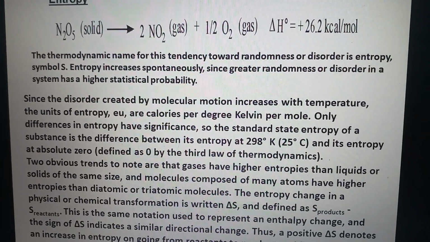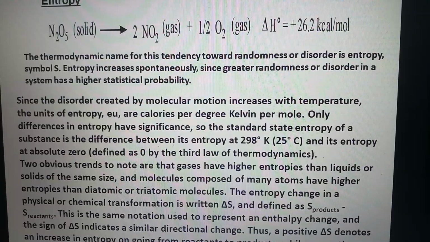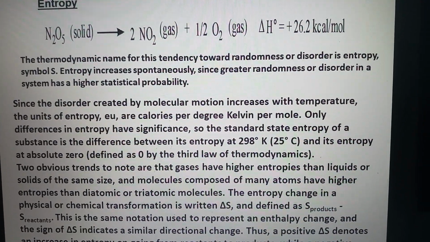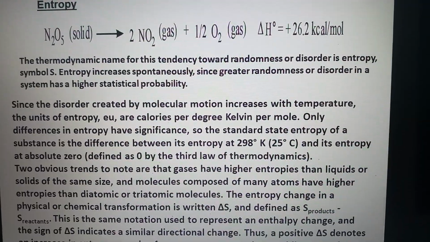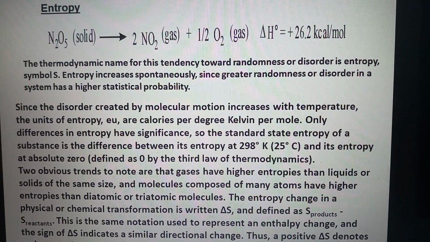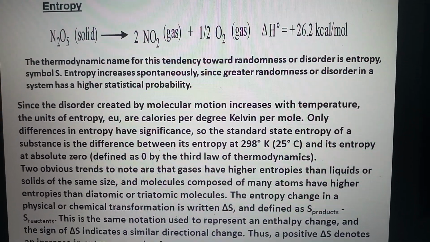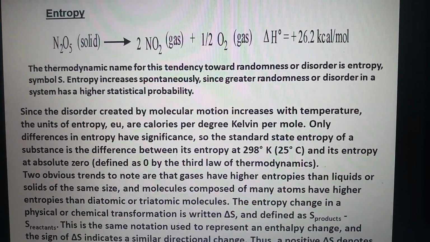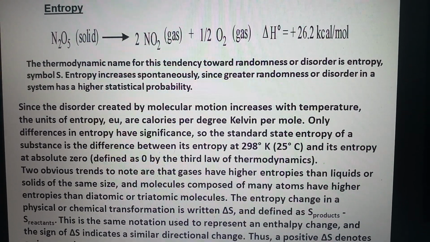The thermodynamic name for this tendency towards randomness or disorder is entropy, symbol S. Entropy increases spontaneously since greater randomness or disorder in a system has a higher statistical probability.